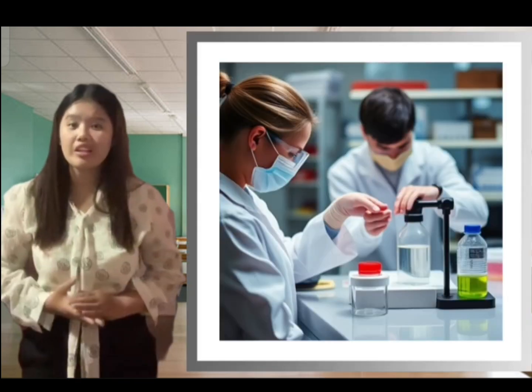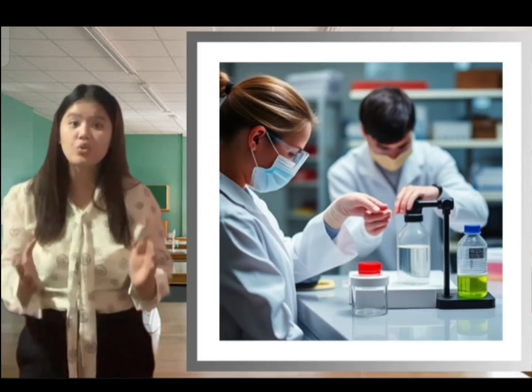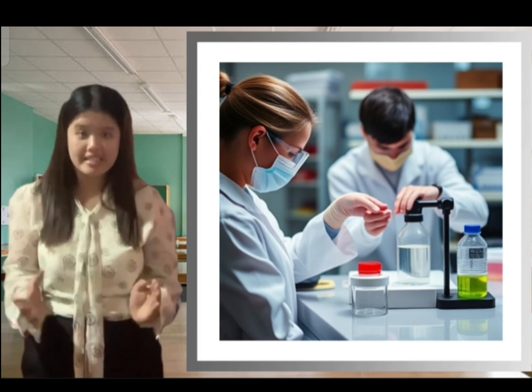Now, we move on to the final step, which is validating the method as a standard method. This step is all about proving that the method is not only effective but can be used by anyone, anywhere, and still produce reliable results. One way to validate your method is through two-sample collaborative testing.